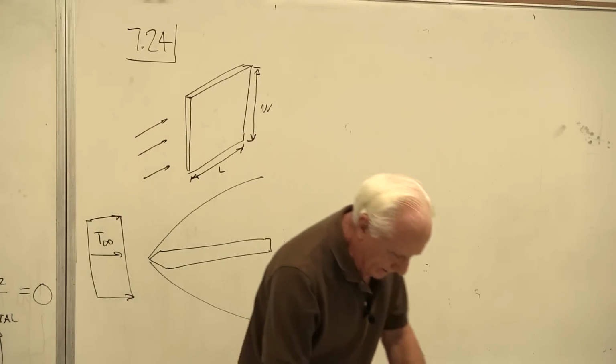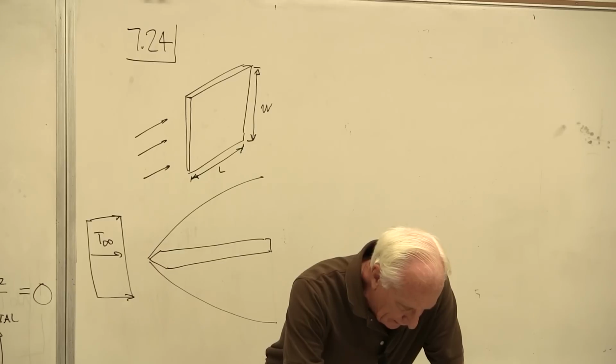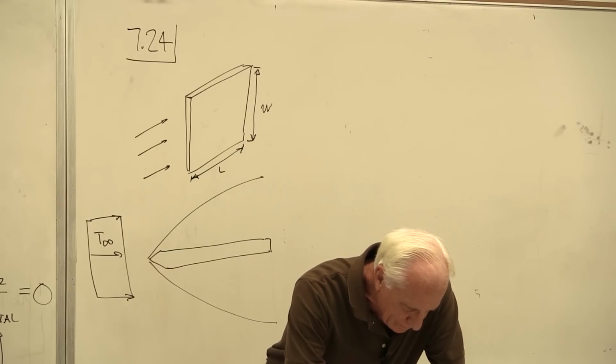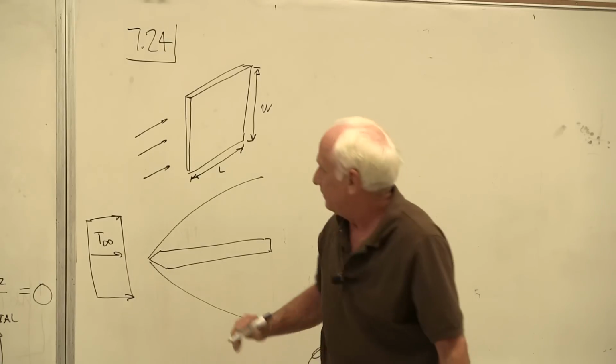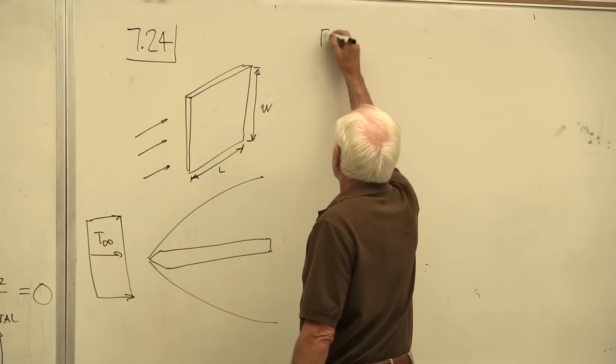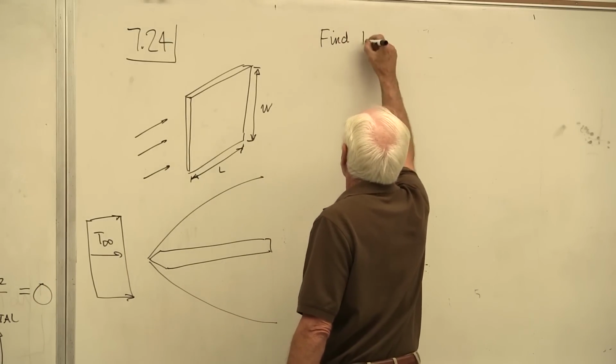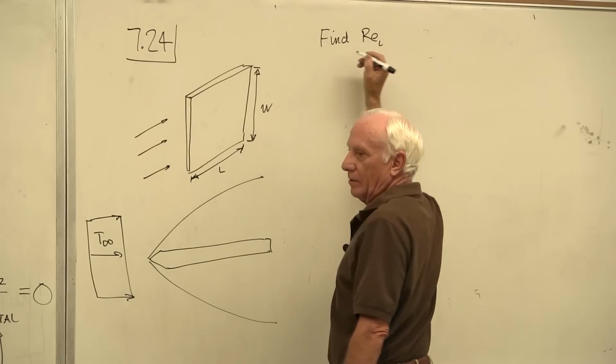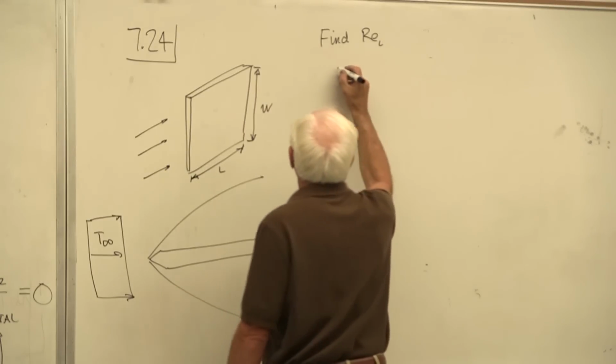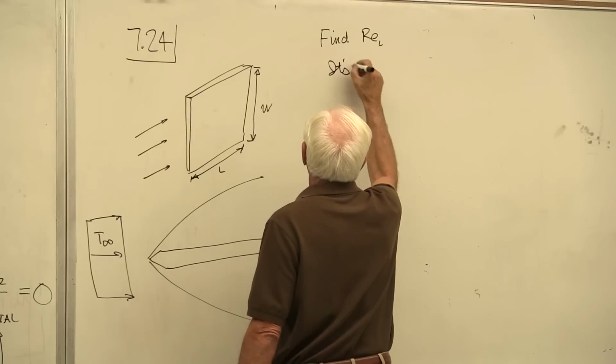Let's see what we're supposed to find here now. Part A. We know it's air, we know its temperature, we know its velocity, so we can find the Reynolds number. So we find the Reynolds number based on the dimension L. It's going to turn out to be laminar.